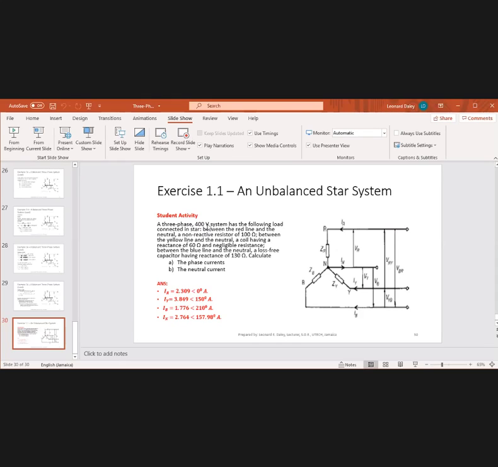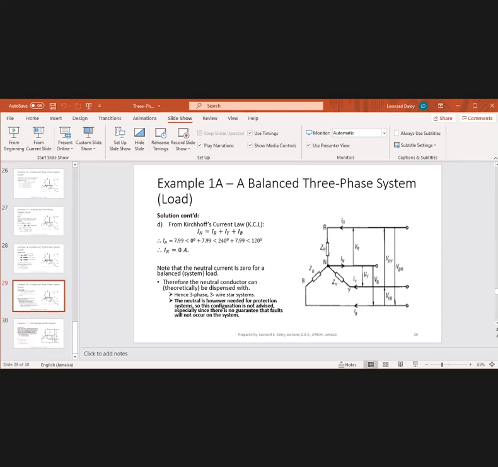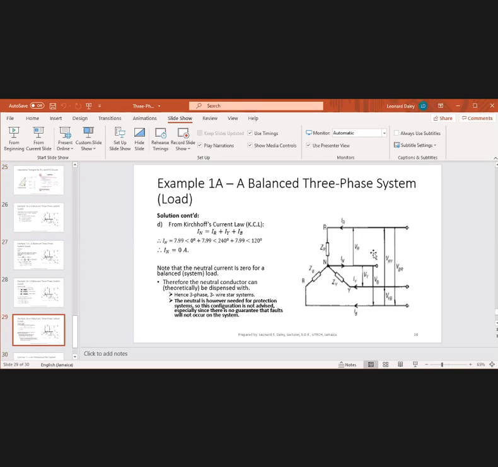Three-phase 400 volt has a load connected in star. So it didn't really tell you whether or not it was three-phase four-wire, but let's assume that it was three-phase four-wire. This diagram could help too.